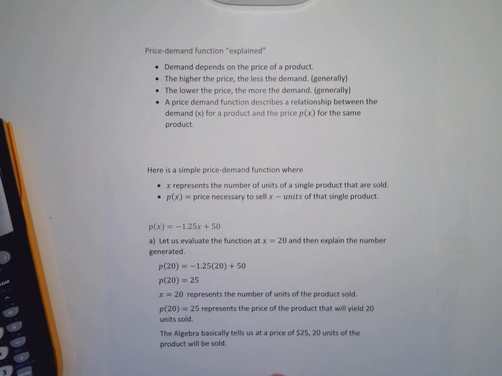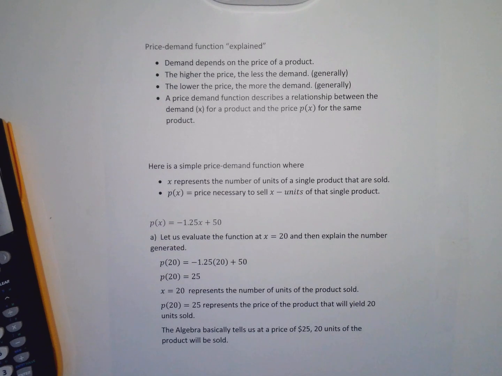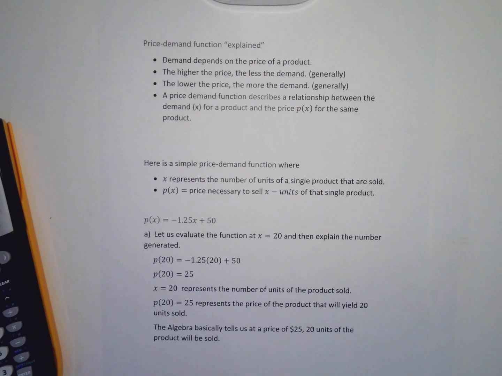That isn't new. What is going to be new to us, but maybe not new in general, is a price demand function. So basically, for most products, the higher the price, the less gets sold. The lower the price, the more gets sold. And there's a relationship between the price and the number of units of a product sold.